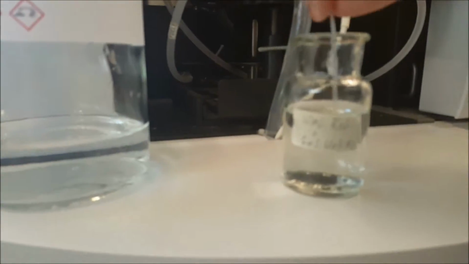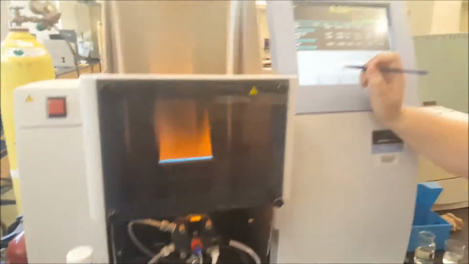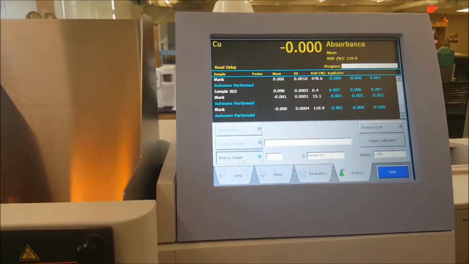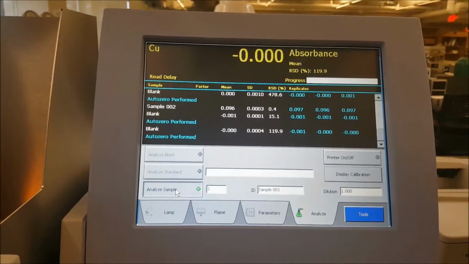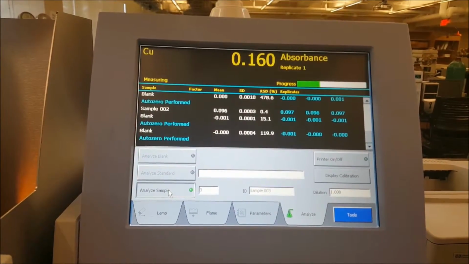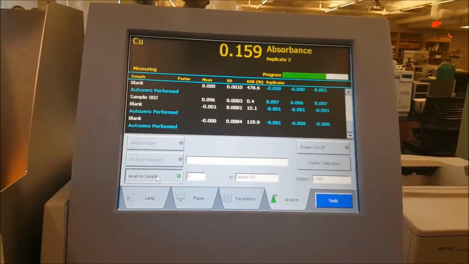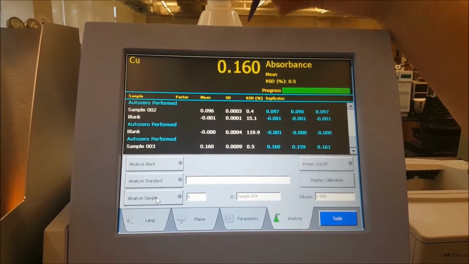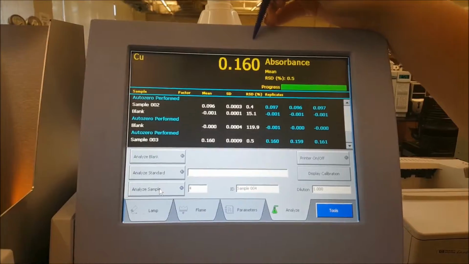We're going to again stick the capillary tube in. I'm going to give it about a 3-second delay. I'm going to press Analyze Sample. And again, this number is the average of the 5 measurements it took over the 1 second time period.